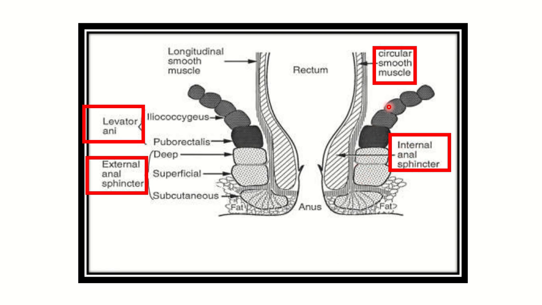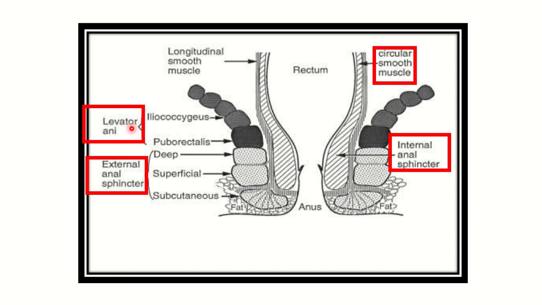And here we can see another structure which is located outside the internal anal sphincter, which is known as the external anal sphincter. The external anal sphincter is formed by skeletal or voluntary muscle.